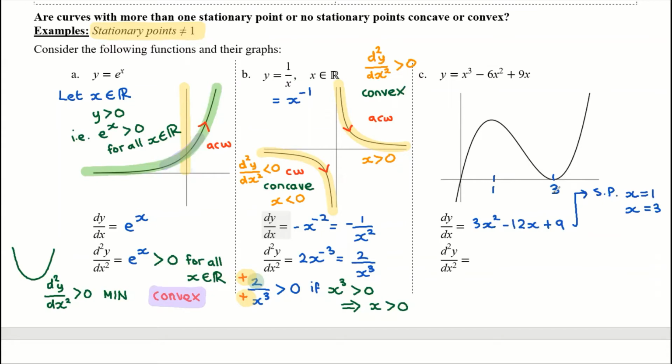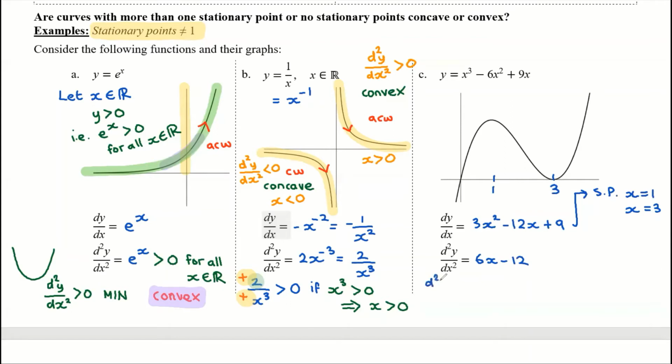Now, if I differentiate again, I'm going to have 6x subtract 12. Okay. Now then, let's see if we can put this concave convex idea to some use here. If we consider what happens to the second derivative, we've actually got an equation we can solve here.